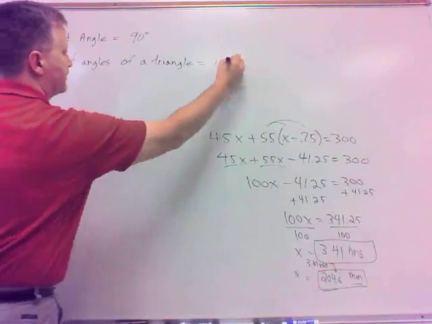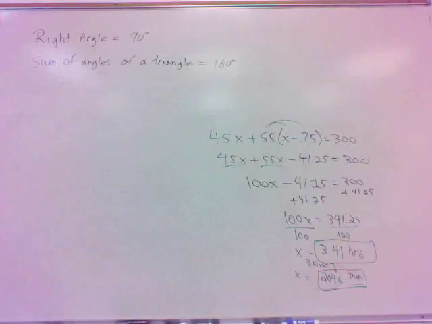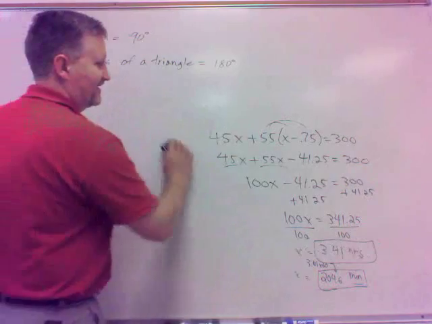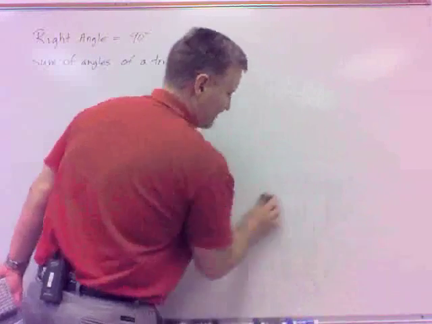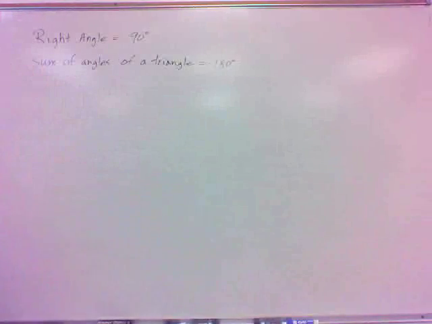So those are the two basic ones that we covered anyway. So remember those two things, and you just add the angles up and get 90 or 180 depending on the scenario there. I don't have one prepared for that, so refer back. I think I have one on the review sheet though. So, all right.